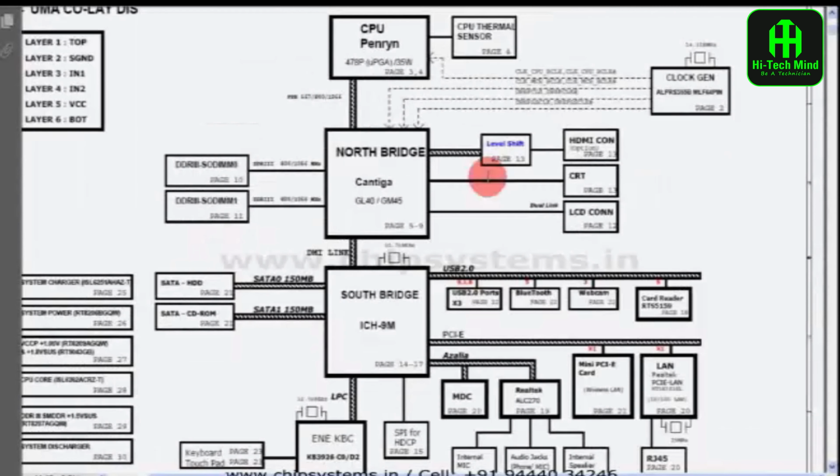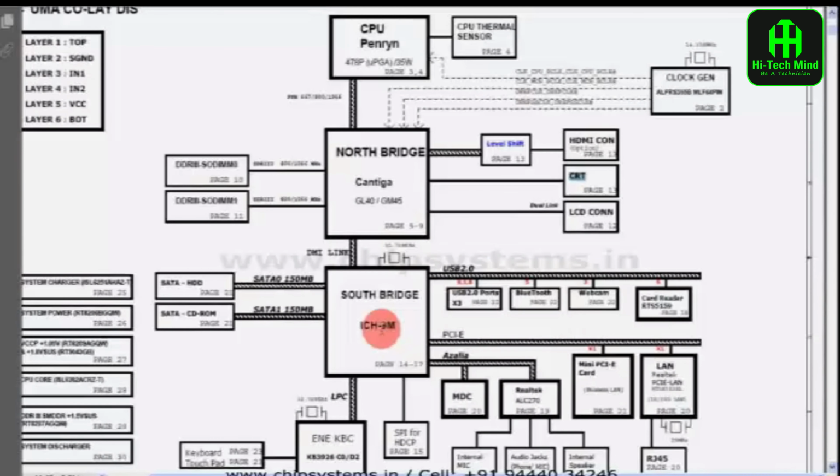This is the architectural structure of the laptop motherboard HP Compaq. This is the CPU processor block, and this is the Northbridge block. It is connected by HDMI, CRT and LCD. ICH 9M is the ninth version of the Southbridge chipset.